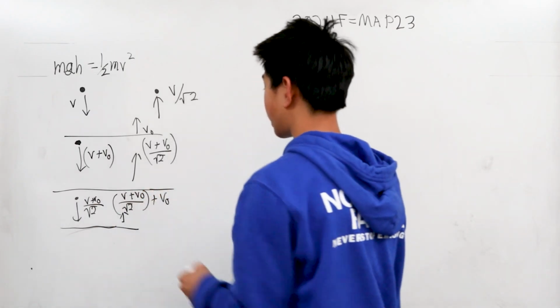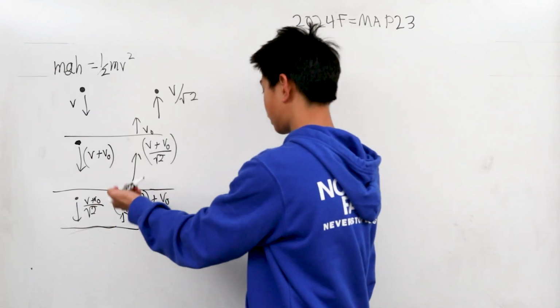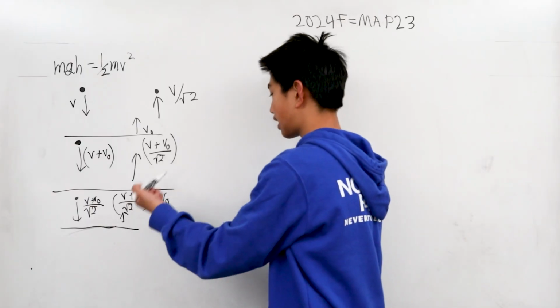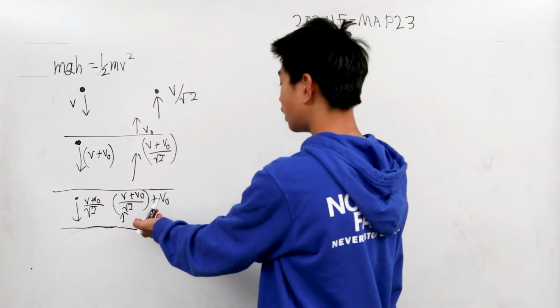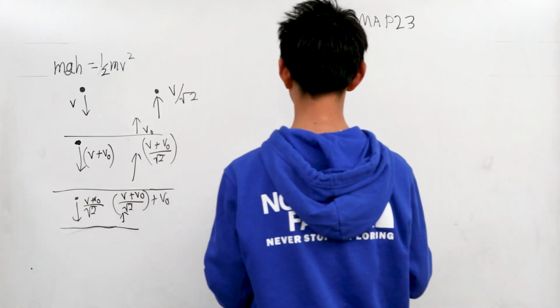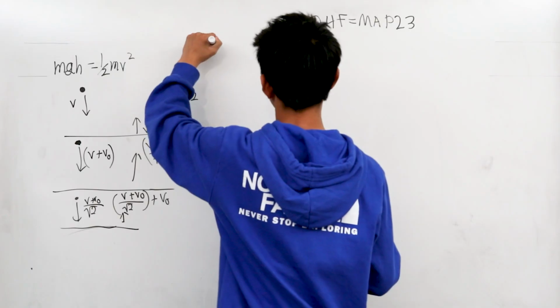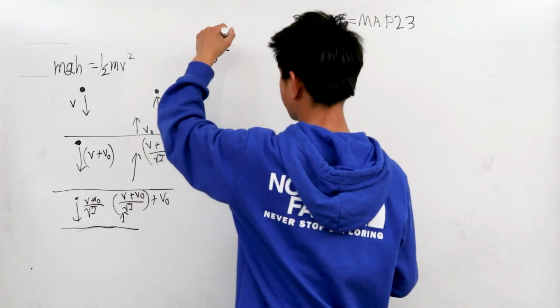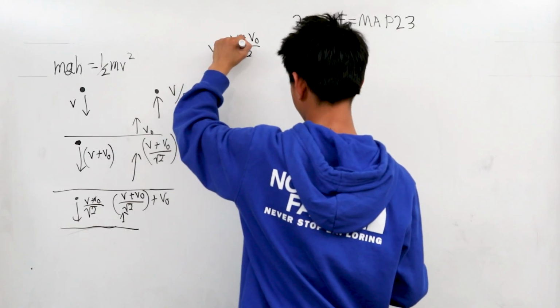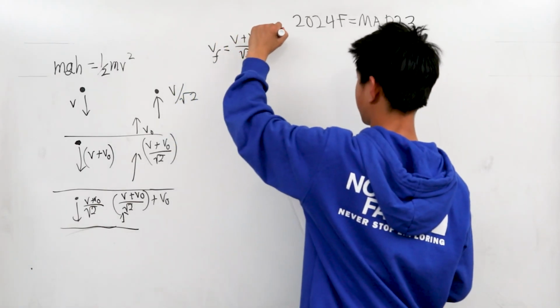Because we already have the term divided by square root of 2, this is the velocity we're adding from the paddle's bounce. So you could say that our final velocity is equal to v plus v0 over the square root of 2 plus v0.